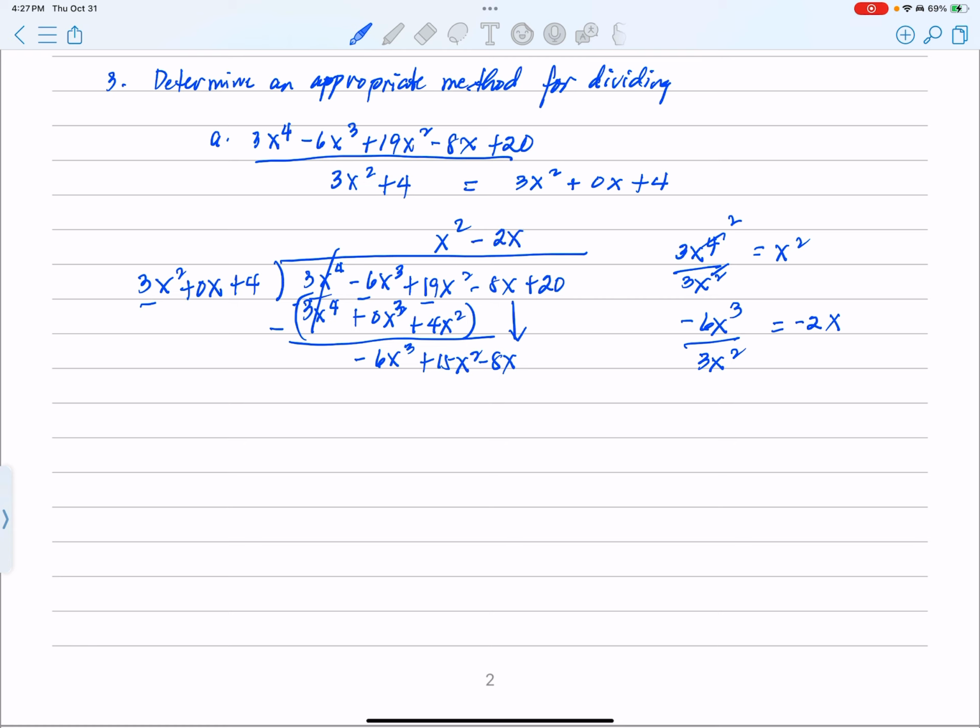Okay, let's do the synthetic division. Write the table upside down. Our divisor is x minus 4. That means it's 4, so we write 4 right here. Okay, hold on.